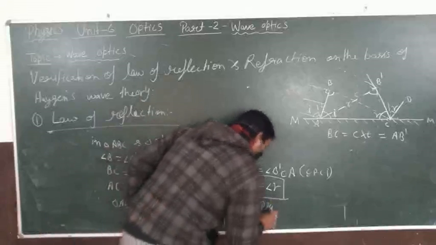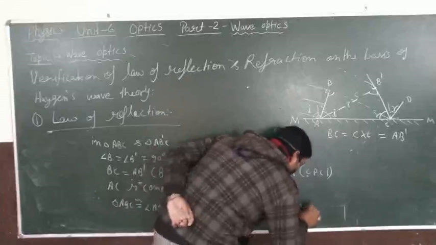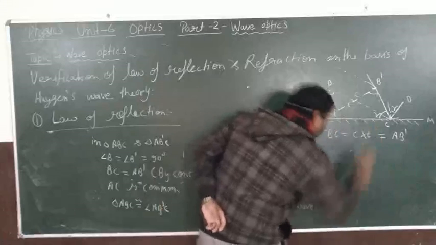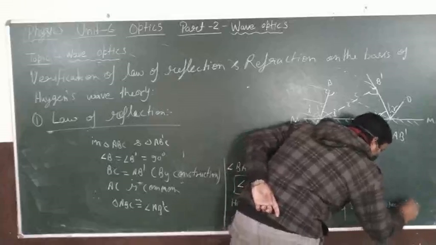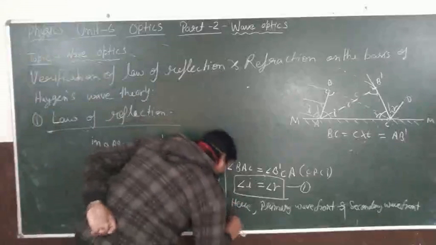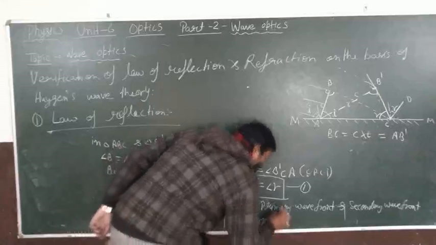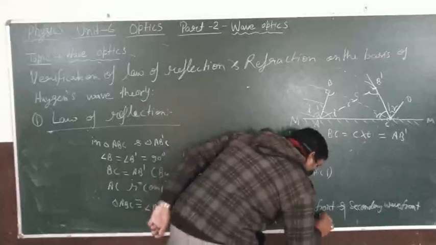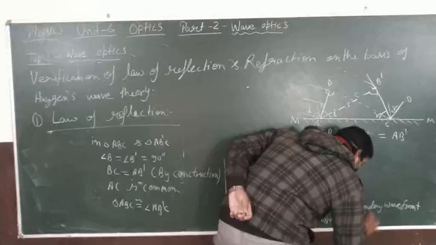The primary wavefront, the secondary wavefront and the normal all lie normal to the plane.